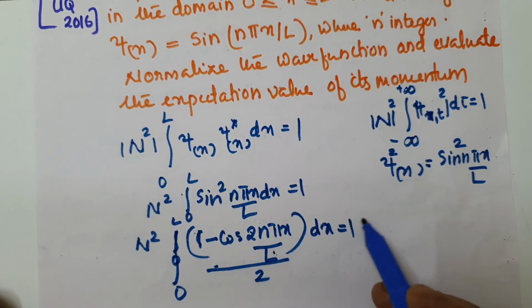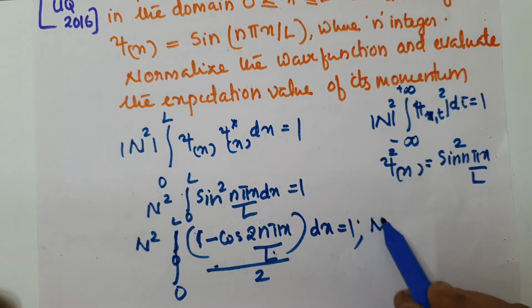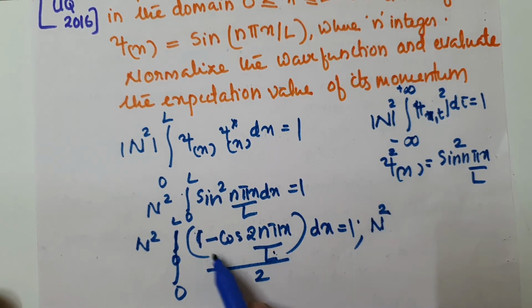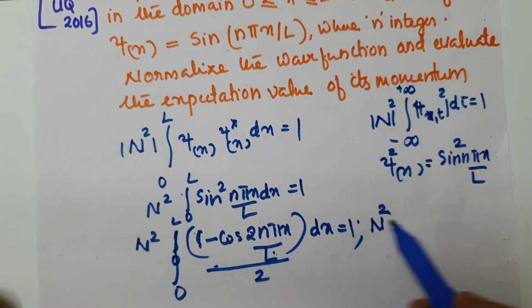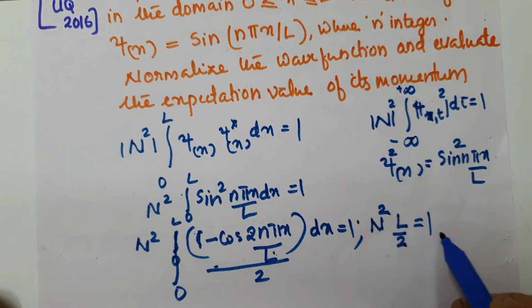So the remaining equation is N squared times 1 by 2 into integral 0 to L dx, that is L by 2. N squared times L by 2 is equal to 1.